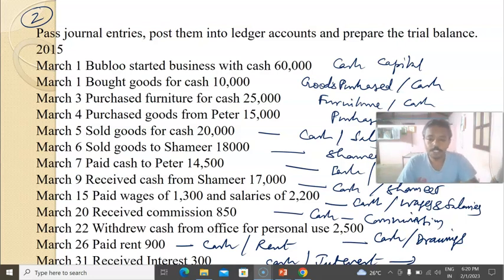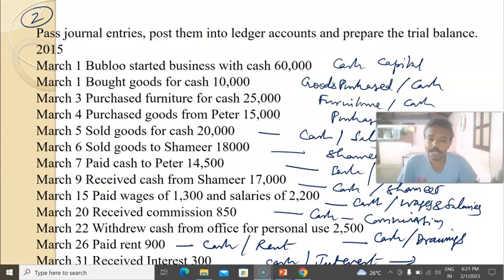So cash account and Bablu's capital account. Here cash account is a real account, credit what goes out. Now cash is going out because the owner is taking money from the business. So from the business point of view, cash goes out. So credit what goes out. Cash has to be credited.